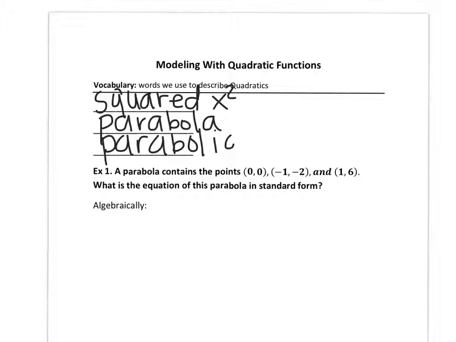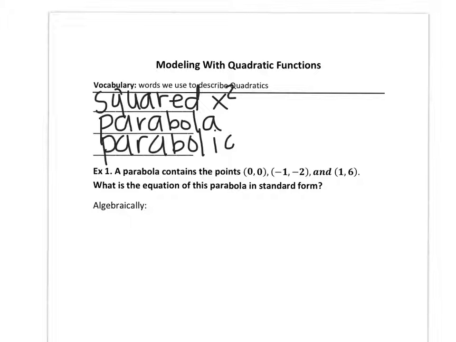It simply means just a quadratic. Okay, so those three terms are similar or almost interchangeable with the word quadratic. And so don't forget when they use these words, that's just what it means.